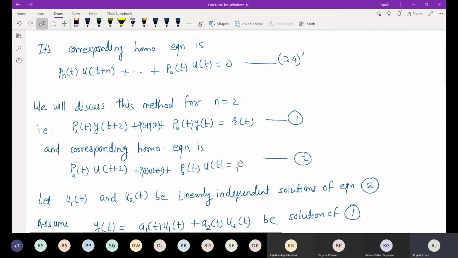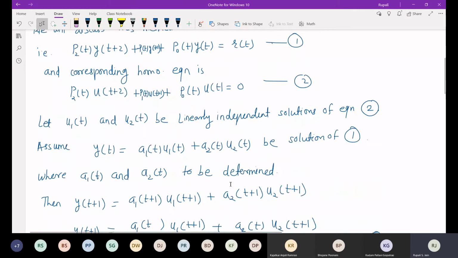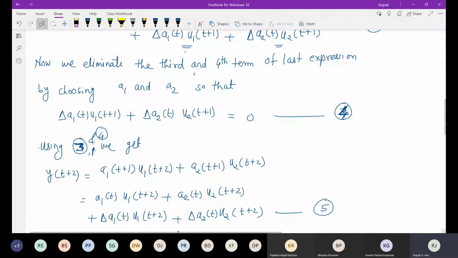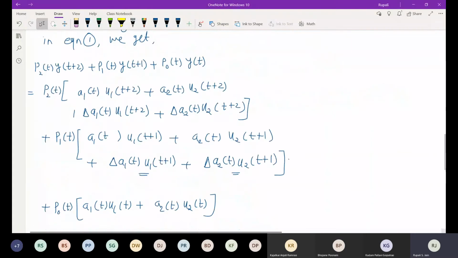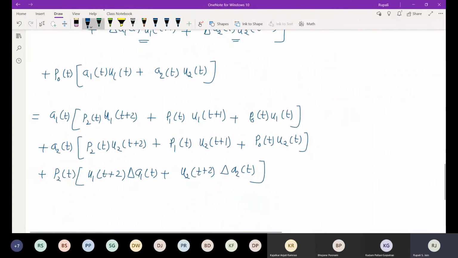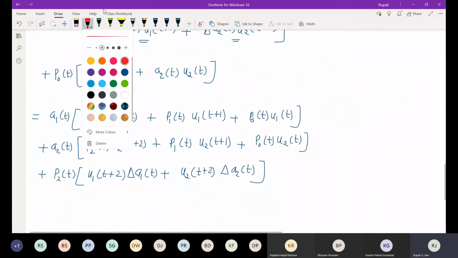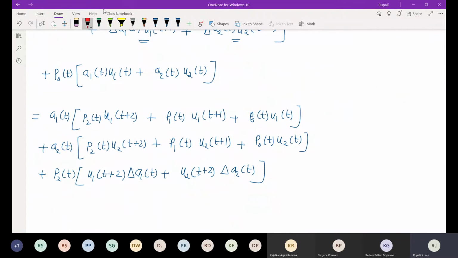So these two terms will become 0 because u1 and u2 are solutions. This will become 0, this will become 0. Why?